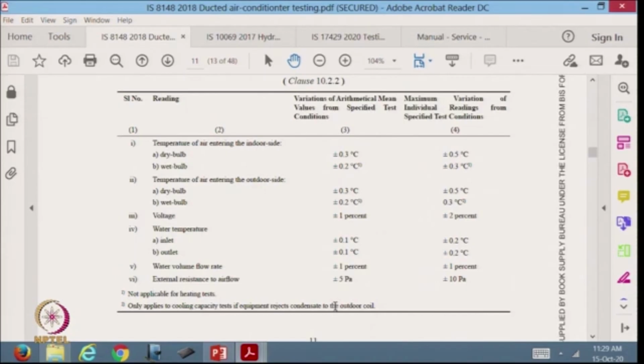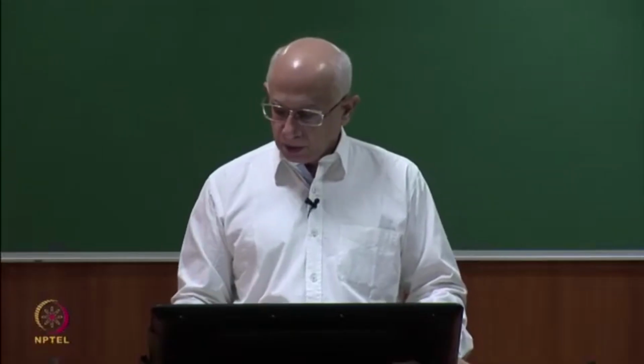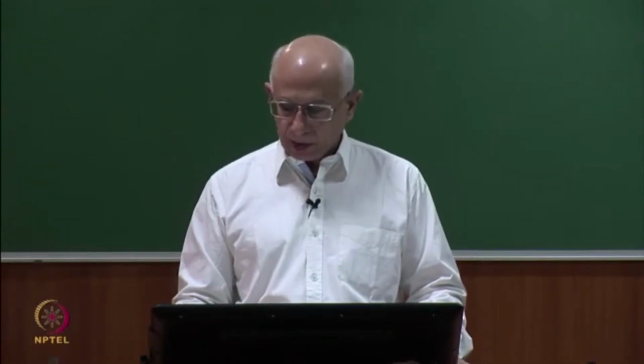Only then can you achieve, say, water temperature measurement within plus minus 0.1 degrees Celsius, or water volume flow rate measurement within plus minus 1%. These are very stringent requirements and require very high quality measurement, experiment setup design and experimental procedures, all of which require the understanding of uncertainty analysis. So, this was a second example I wanted to share with you.